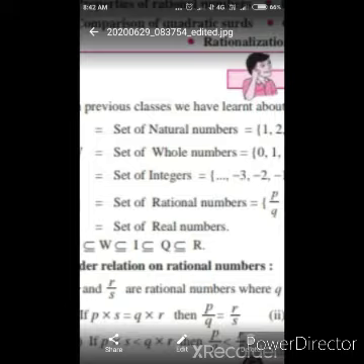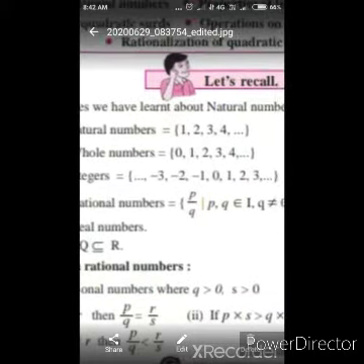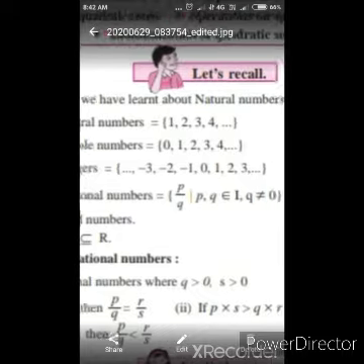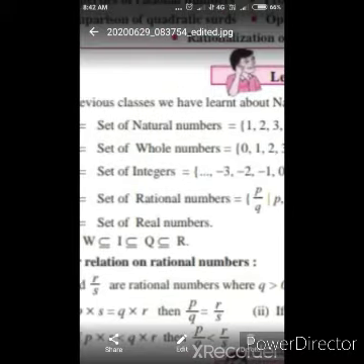Now let us see the set of rational numbers, which is denoted by capital letter Q. A rational number means a number which is in the form of P upon Q, where P and Q belong to I. It means P and Q are integers, but the value of Q is not equal to 0. So P upon Q is called a rational number.